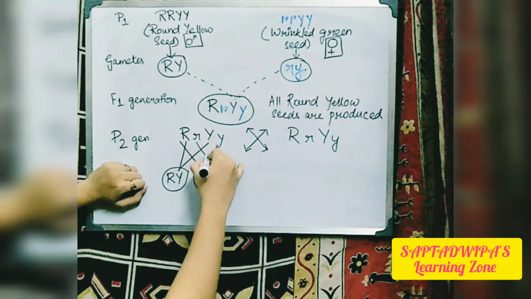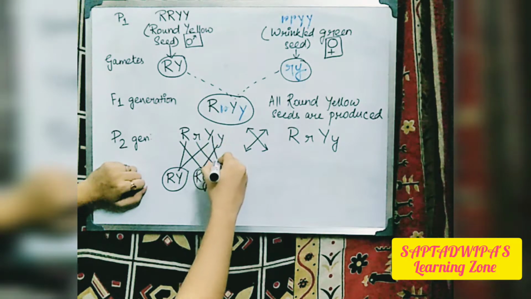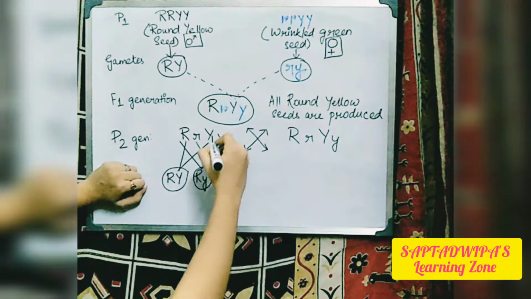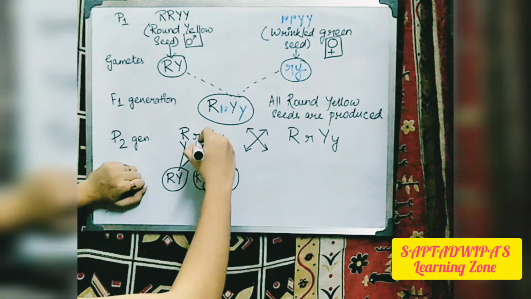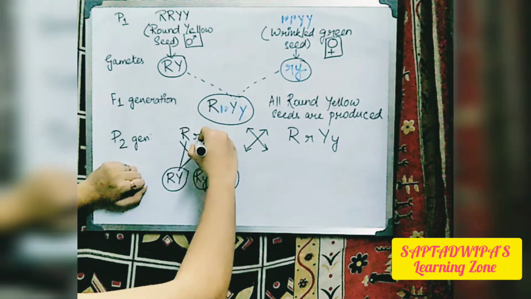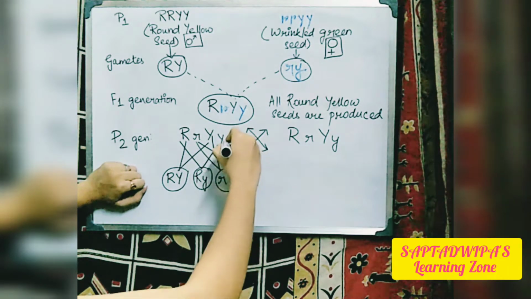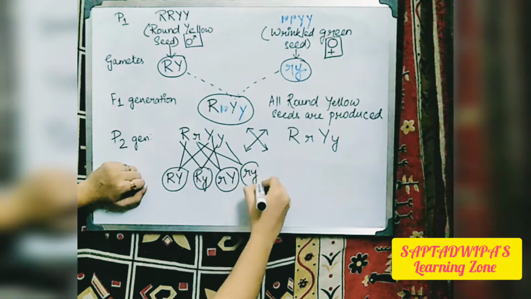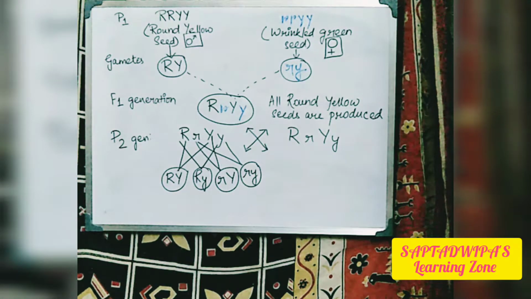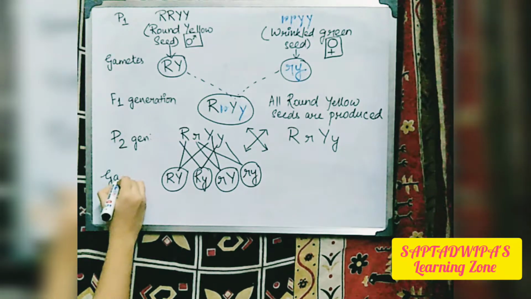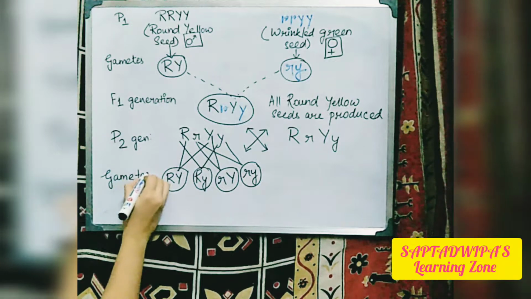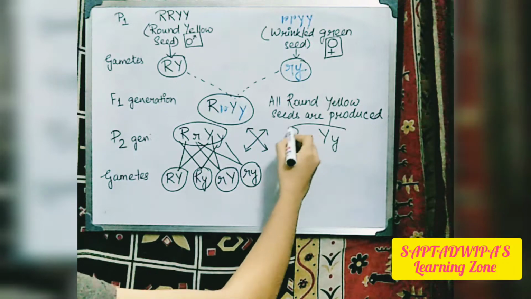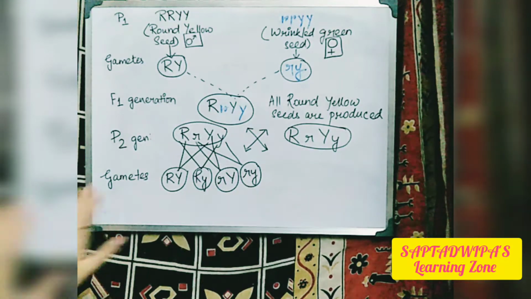When small r is getting combined with capital Y, it is giving wrinkled yellow. And when this small r, that means the wrinkled one, is getting combined with small y, it is giving wrinkled green, ry. So these are the 4 gametes which we are getting. Where the RRYY are acting as parents, we are getting these as the gametes.